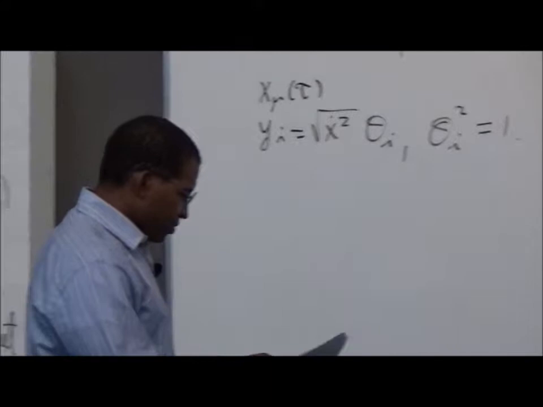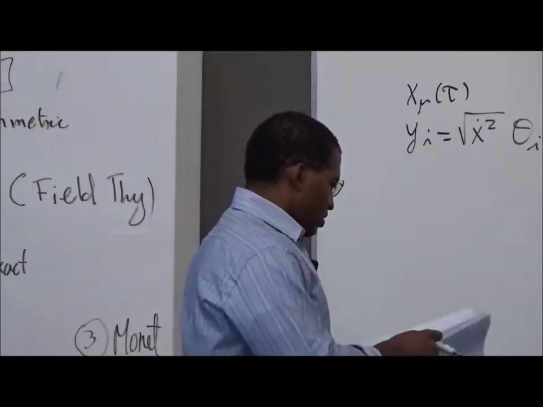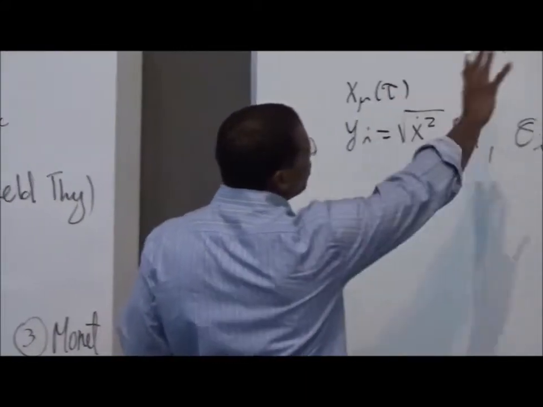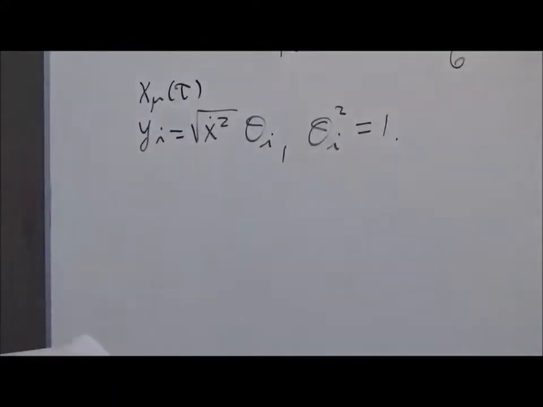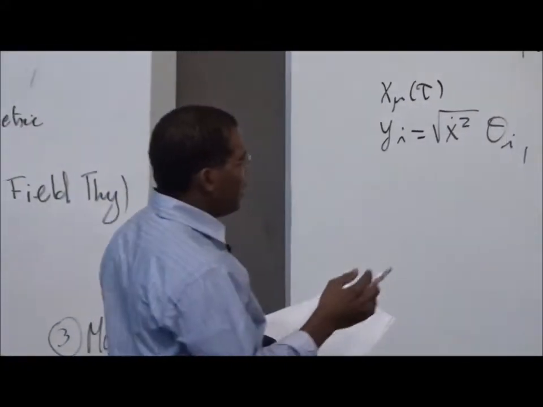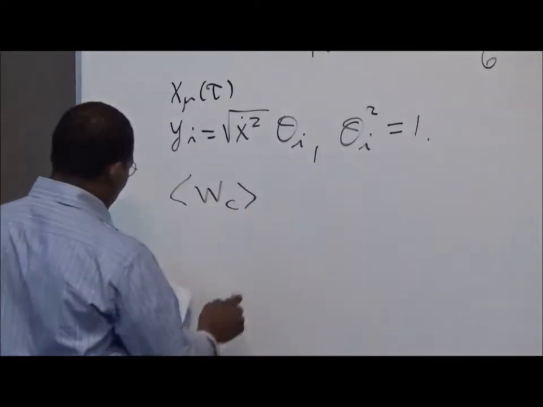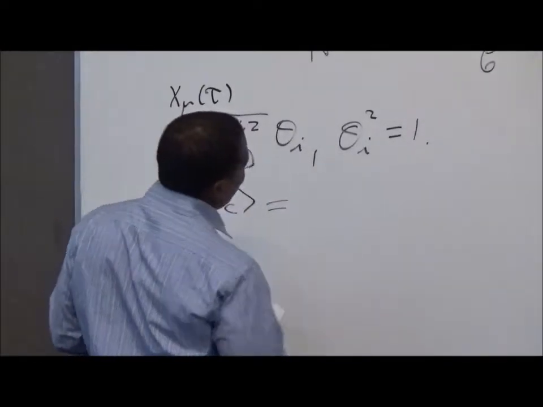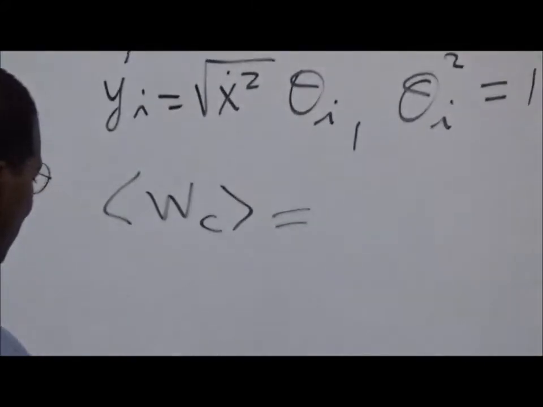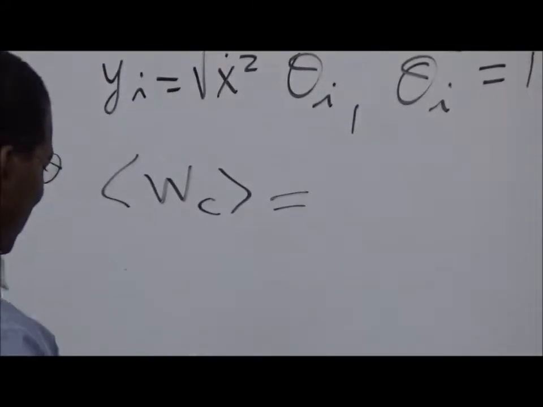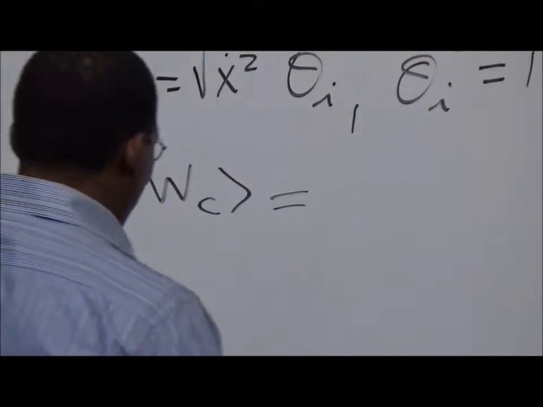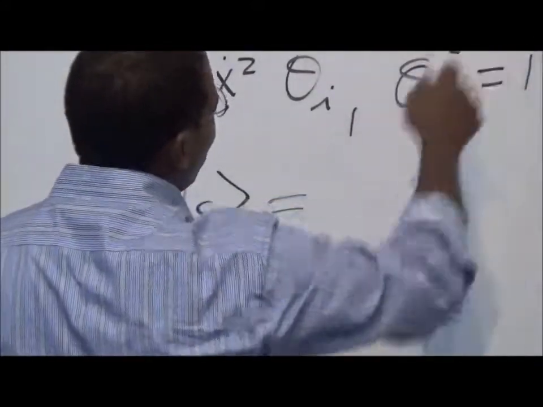Now again, I wrote the whole thing in all detail once, but now I'm going to be a little bit more schematic. I want to evaluate the expectation value of the Wilson loop, in perturbation theory.